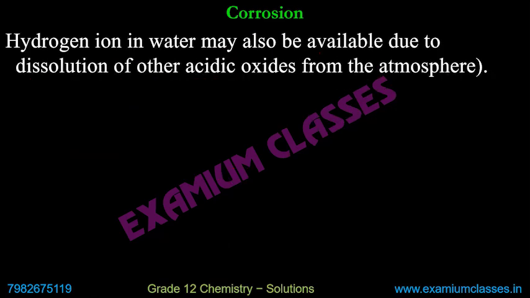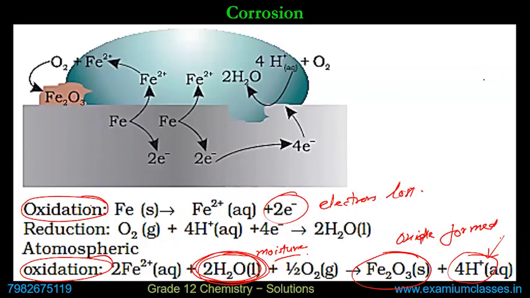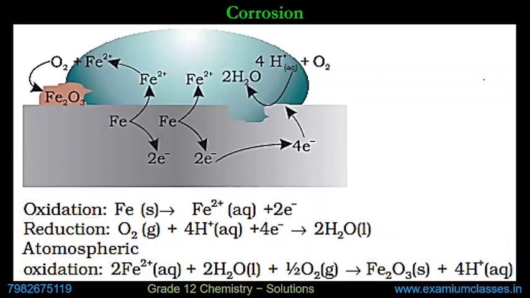Hydrogen ion in water may also be available due to dissolution of other acidic oxides from atmosphere, not only carbonic acid. Other oxides, acidic oxides in the atmosphere can also provide H+. So 3 points, remember, I am talking about. You will write the reaction as written here, that this H+ is obtained when Fe2+ is oxidized to Fe3+.